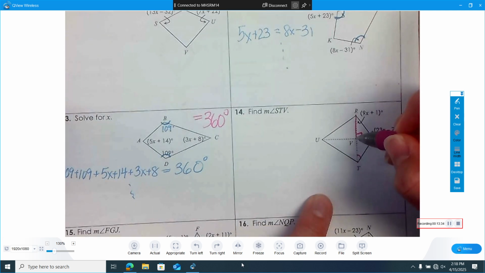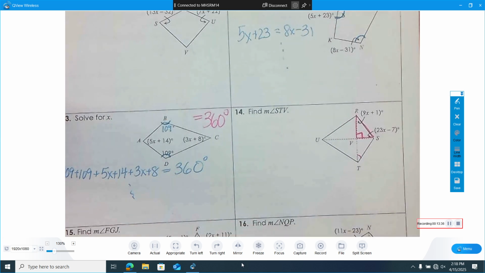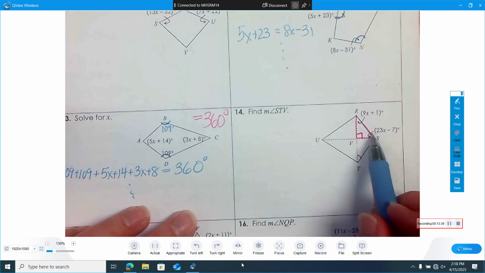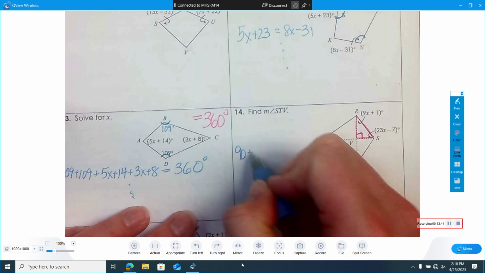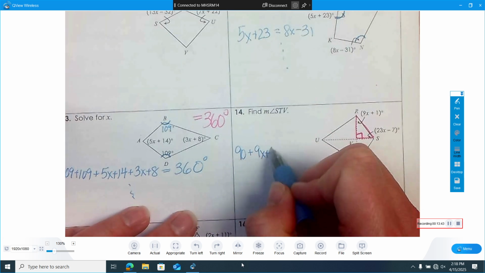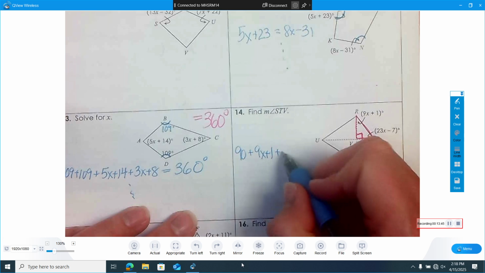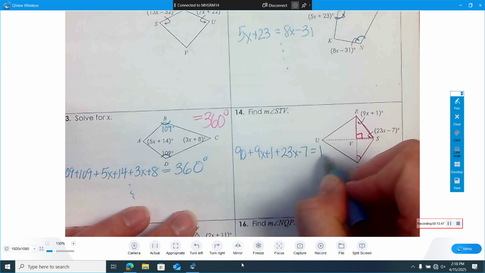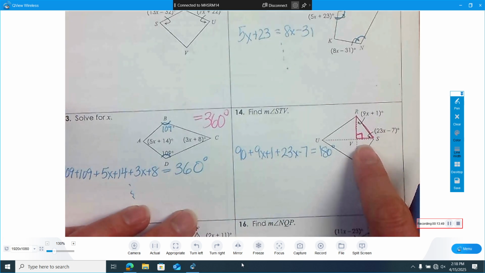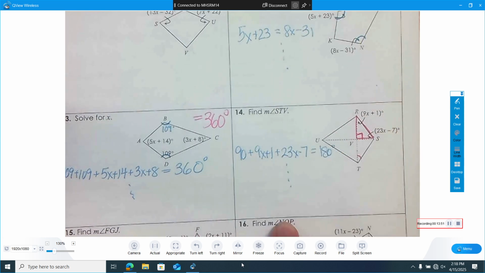Very good. Yeah, we do see a little triangle right here. So we can add these three angles, 90 plus 9x plus 1 plus 23x minus 7 equals 180 degrees, because that's our little triangle. We would solve for x then.